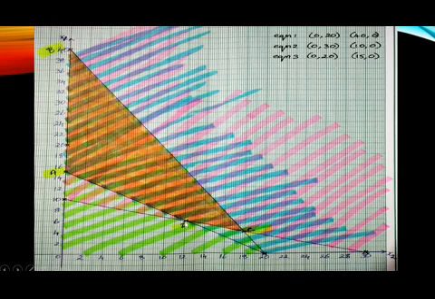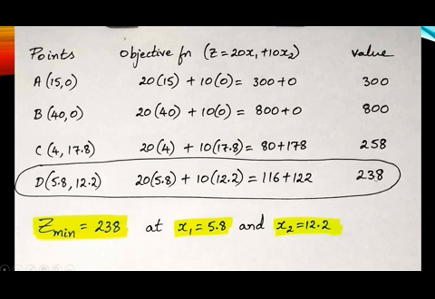And D is almost 6 and 12.2. So these coordinates we are supposed to substitute in the final Z table. So the points are A at 15, 0, B at 40, 0, C at 5.8, 17.8, D at 5.8 and 12.2.